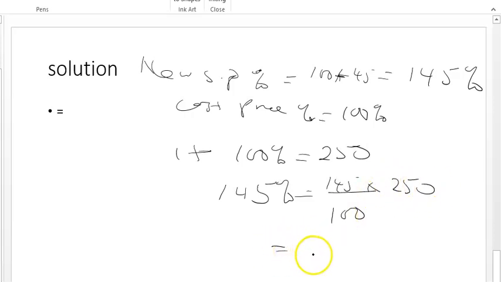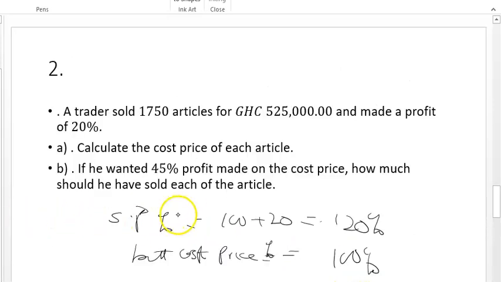And when you press this, you get 362.50. This is how much he should have sold each article for to get a profit of 45%.